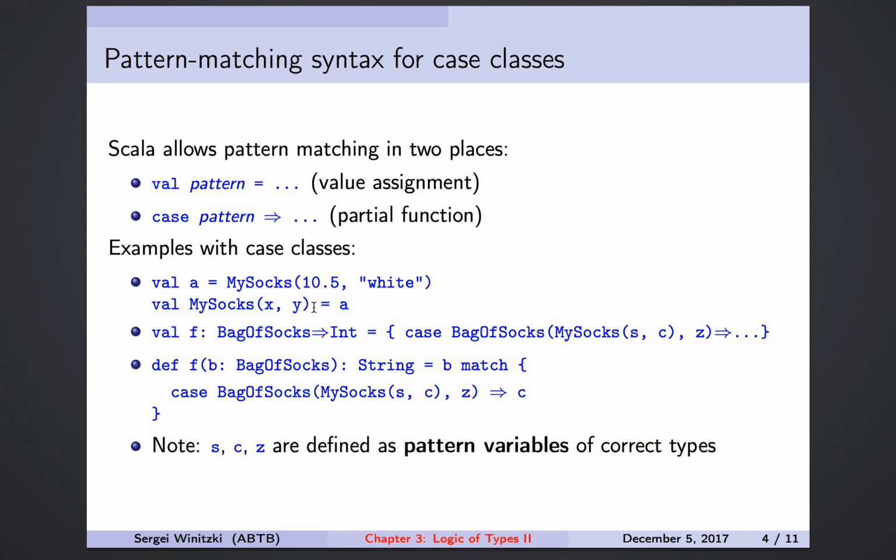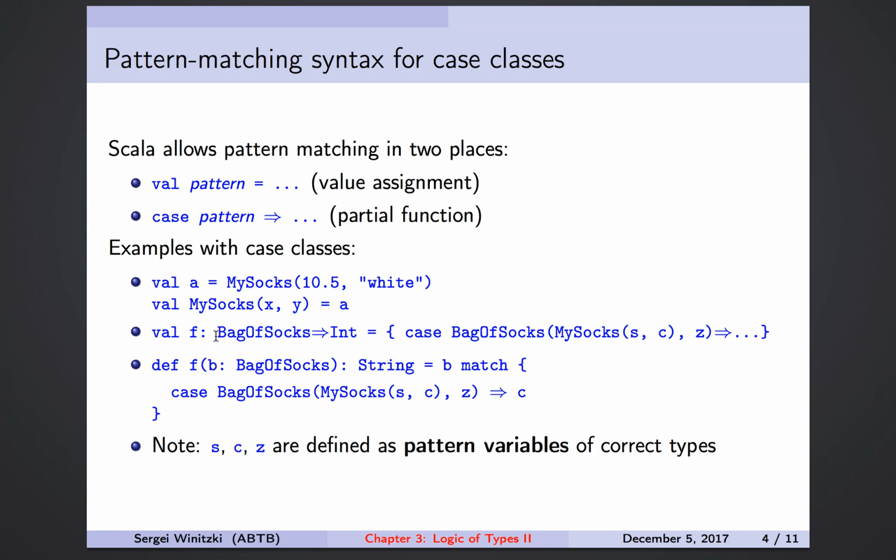Before you could do this with tuples as well, and then you don't specify the name because tuples have no names in this syntax. But case classes can be understood as named tuples, so then you specify the name. And if a is anything else not of this type, then this won't compile.